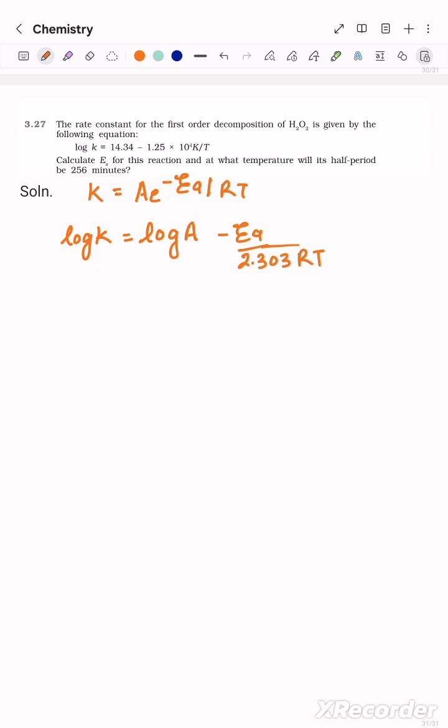Now we correlate with this equation, we get Ea by 2.303 RT is equal to 1.25 multiplied by 10 to the power 4 K by T.